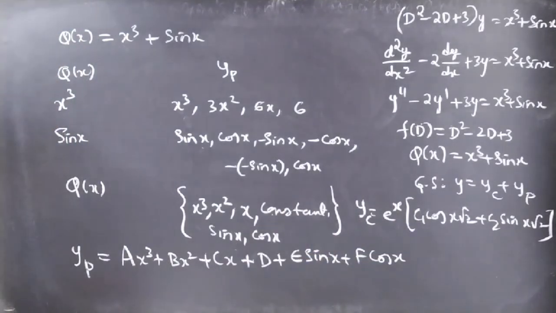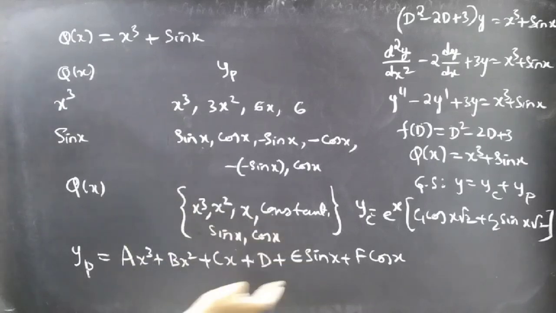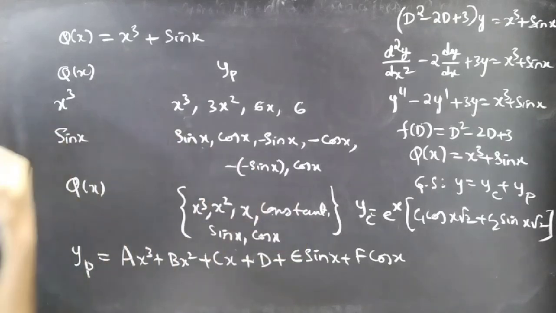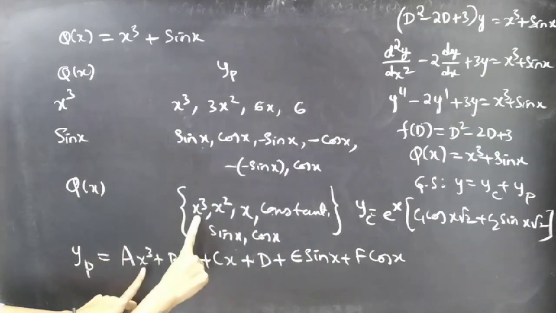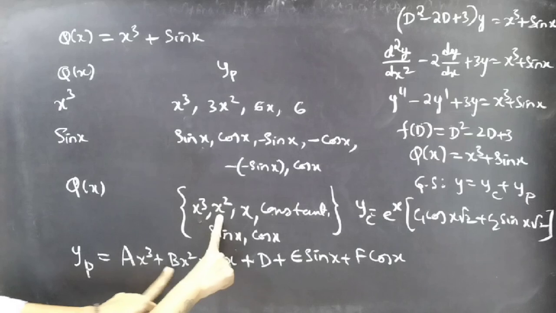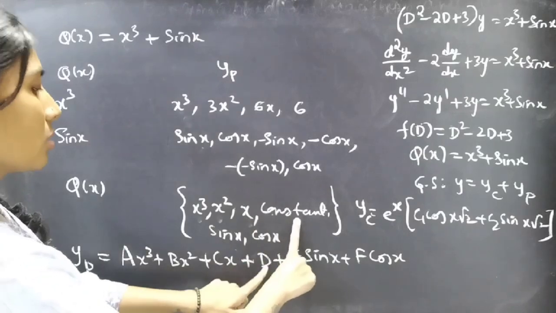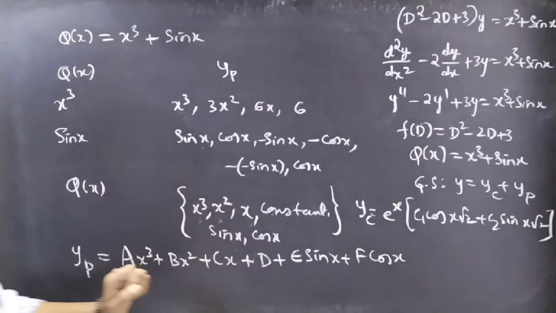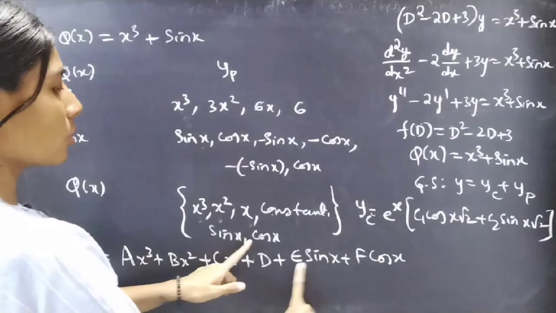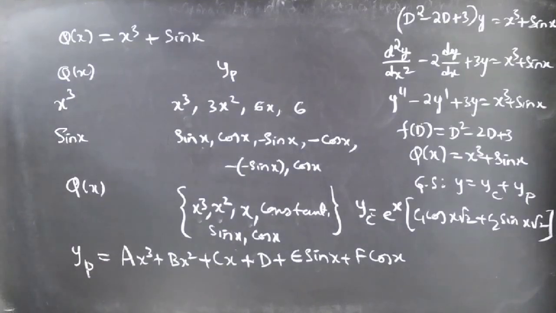What I'm doing is taking a coefficient for every function, and also for the constant function. I wrote x cube with a as its coefficient, x square using b, x using c, and the constant using d. And I wrote sin x using e and cos x using f. So this is the yp.